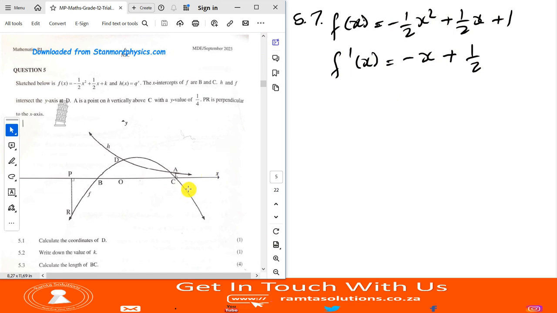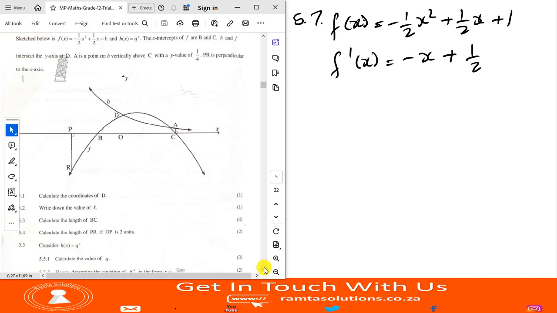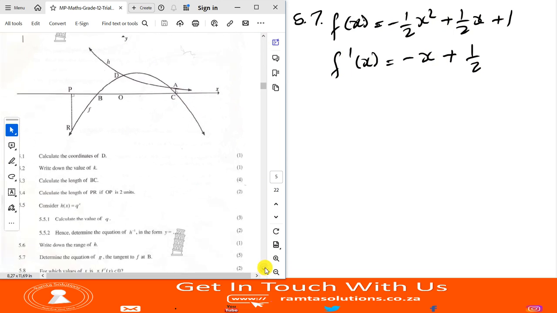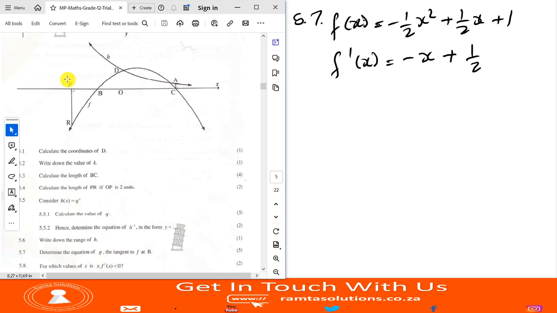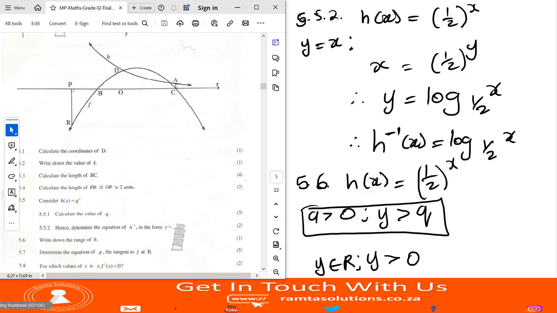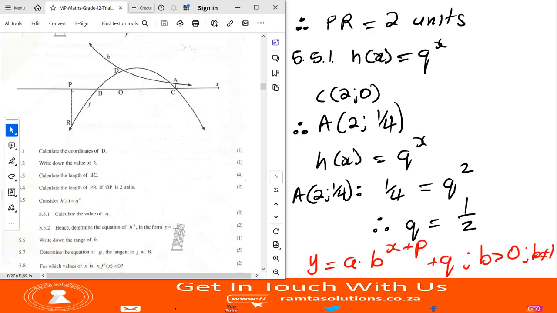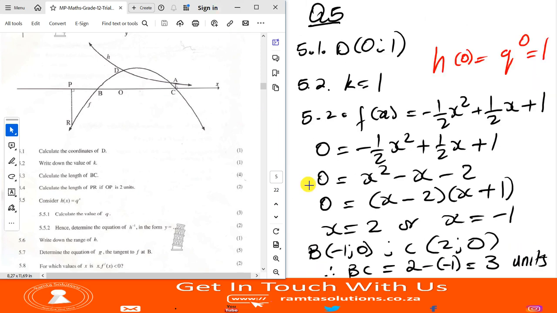Now pay attention. This question is saying you must find the tangent at point B. What is the x value at point B? I think it was minus 1. I'm not sure. Let me go back to confirm. Yes. Can you see that the x value at point B was minus 1.